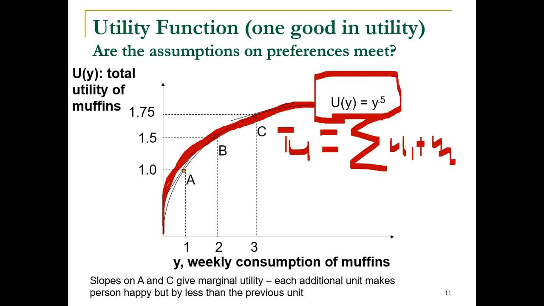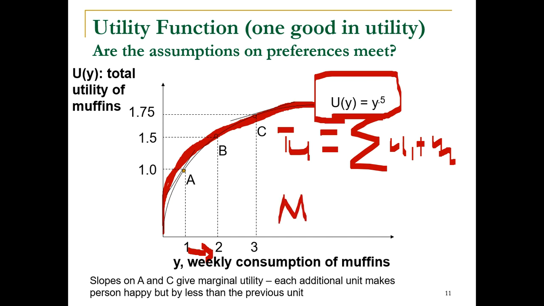But again, one thing that we're supposed to take note of here is that when you're consuming 1 unit, you have got 1 level of satisfaction. When you increase the consumption from 1 to 2 units, your level of satisfaction has increased by 0.5. And this 0.5 is what we call the marginal utility, the incremental utility.